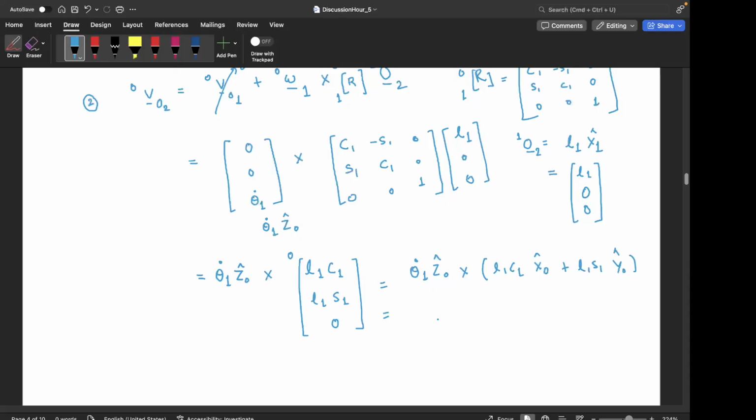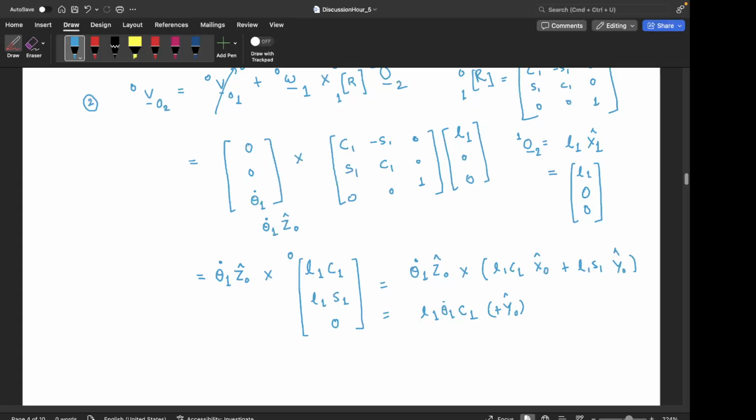So now take the cross product, so it becomes L1 theta 1 dot c1, and what is z cross x? Using the right hand rule, x cross y is z, y cross z is x, and z cross x is y.